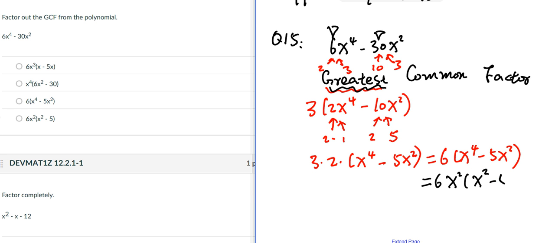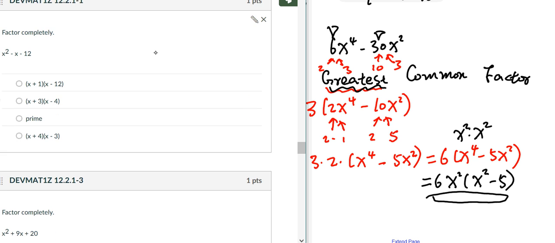So you shall have things like this. x to the 4th is x squared times x squared. 5x squared, you take x squared out. You have a negative 5 left. So final answer is this one. That will be 6x squared times x squared minus 5. Okay.